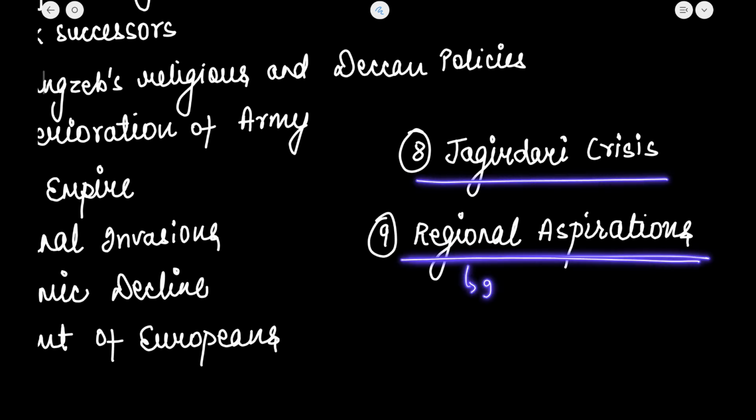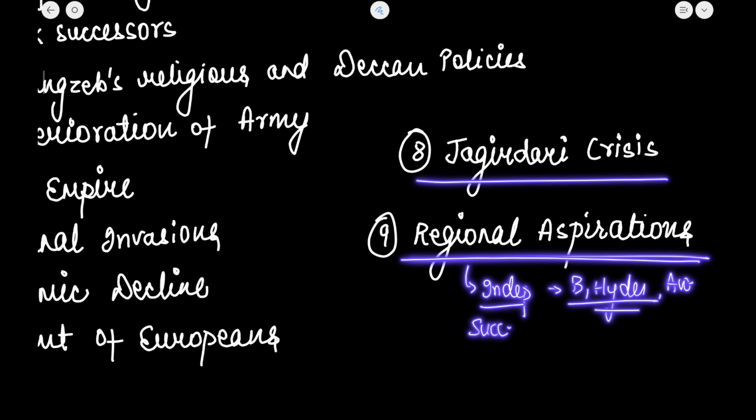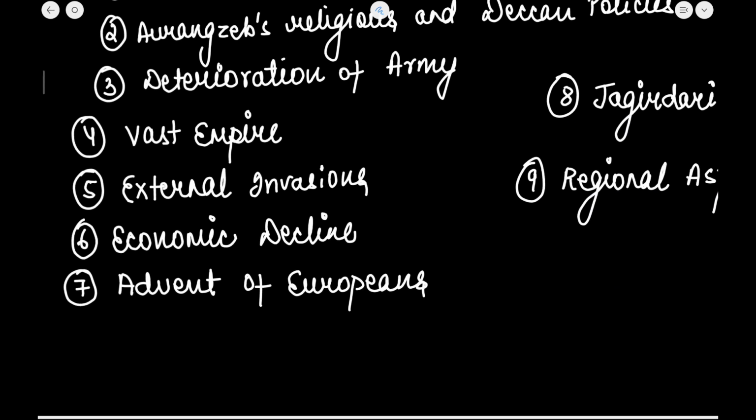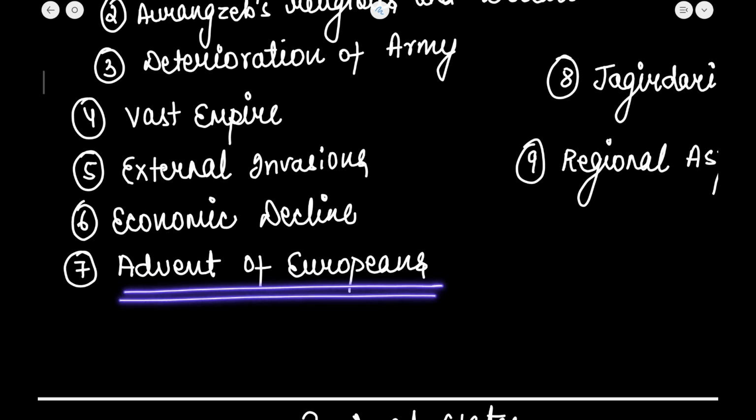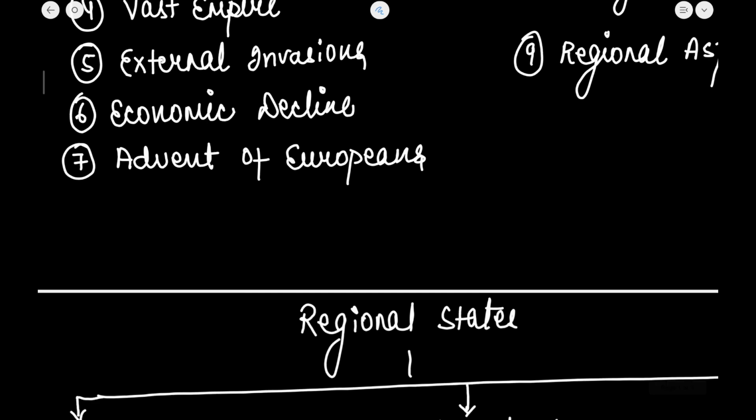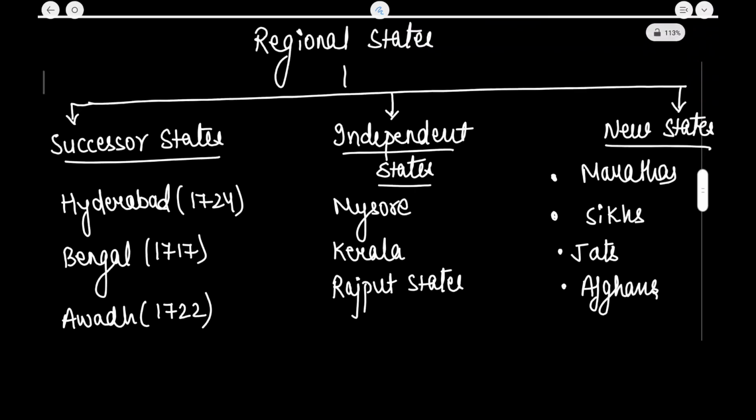For example, independent states like Bengal, Hyderabad, and Awadh rose into prominence, and some were successor states. Independent states also rose, and then obviously there was the advent of the Europeans that we have studied. Portuguese came first, then the Dutch, then the Danes, then the English, and at last the French came. Okay, now let us see about the regional states.